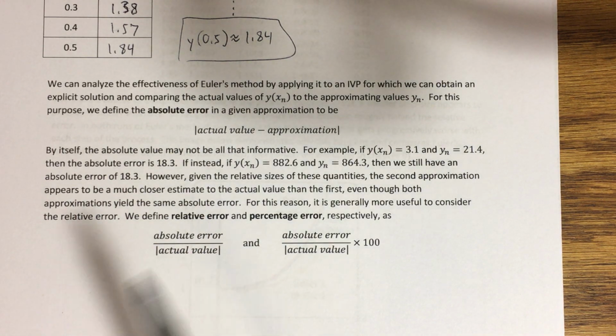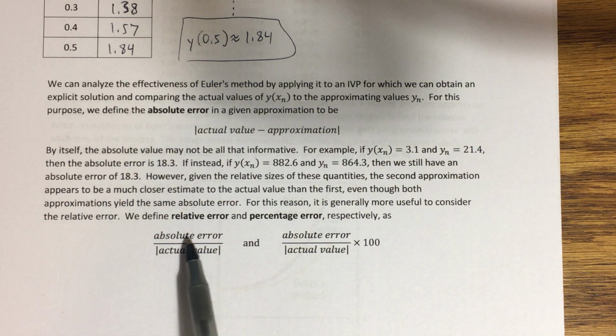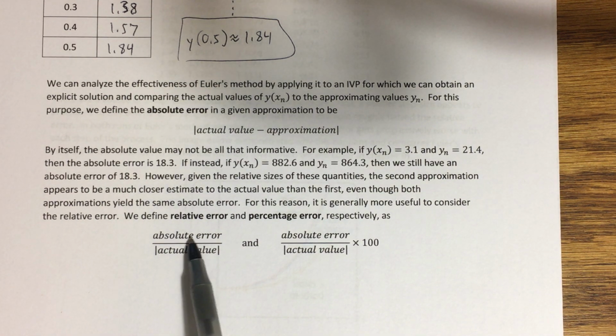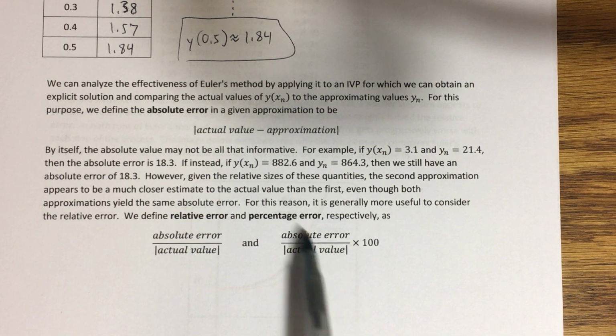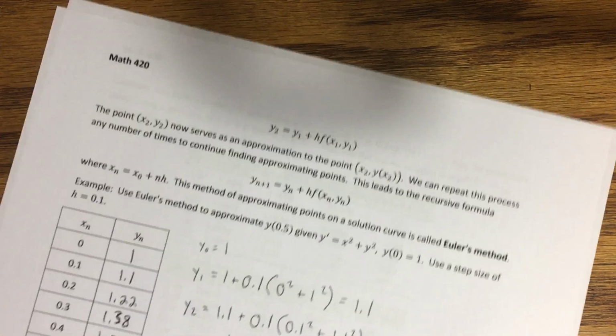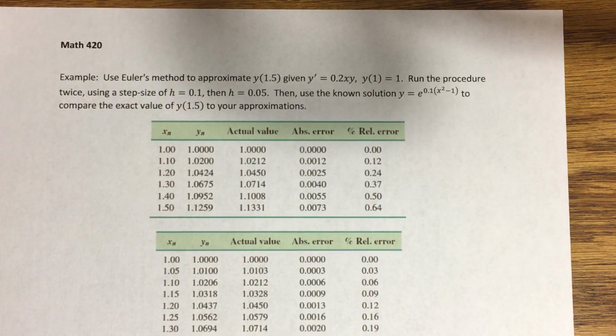So we're scaling this so that we can see, compared to the actual value, how big our absolute error is. That's going to become a decimal in most cases. If we multiply that by 100, it converts that decimal to a percent, and so we call that a percentage error.